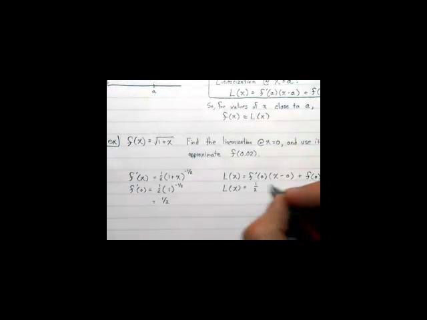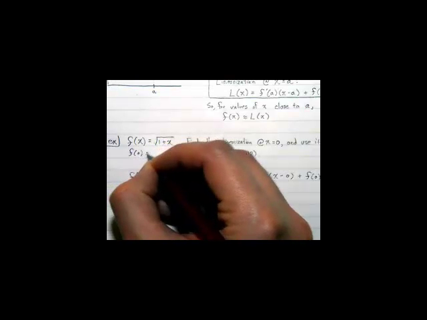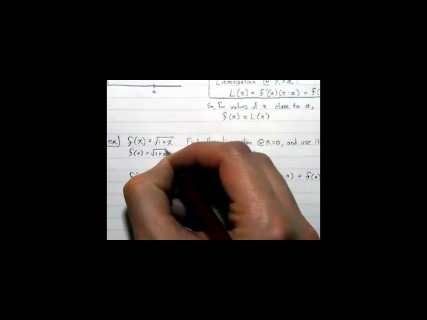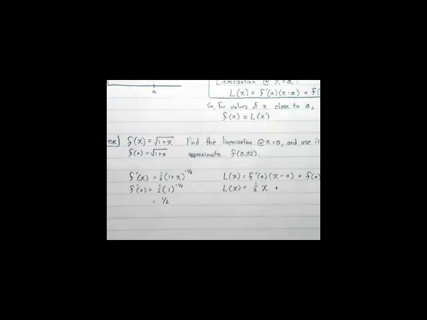So that's 1/2. X minus 0, well, that's just x. And then plus f of 0. So up here then, right? F of 0. What's that? Which is? 1. Yeah. So my linearization equation is 1/2 x plus 1.